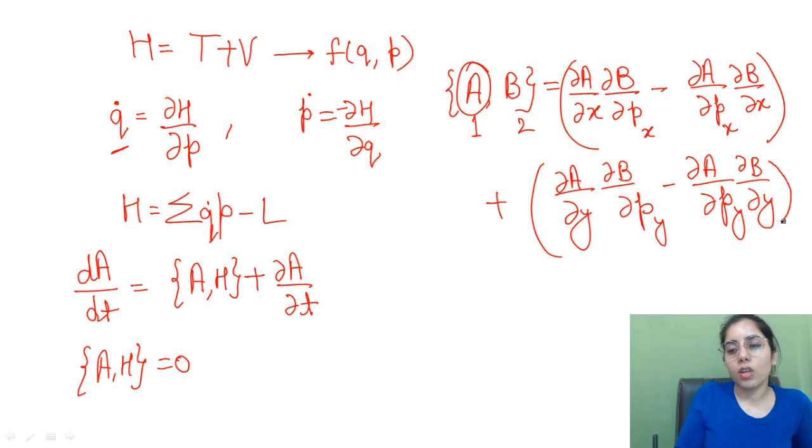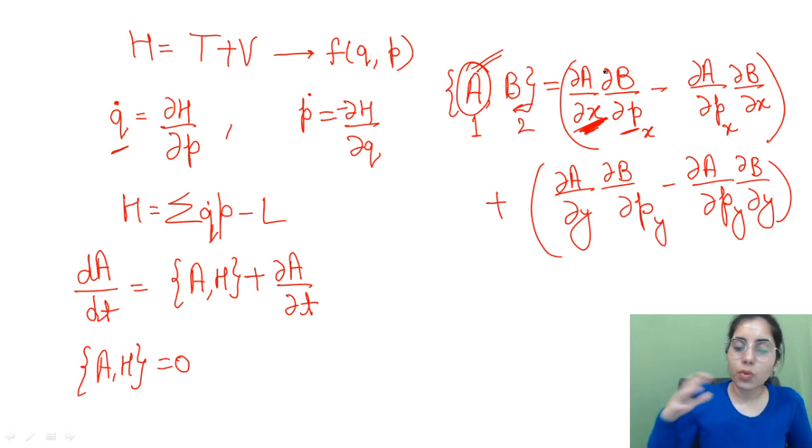So that's how, depending on the number of variables present, you can write the Poisson bracket expression, and this is how you can solve it easily. Be careful about the sequence: whatever is present first, you need to do its partial differentiation initially with respect to the position coordinate, the second one with respect to the momentum coordinate, and then interchange the denominators and take a negative sign, while the rest remains the same. This is just a way to memorize the formula you can consider.